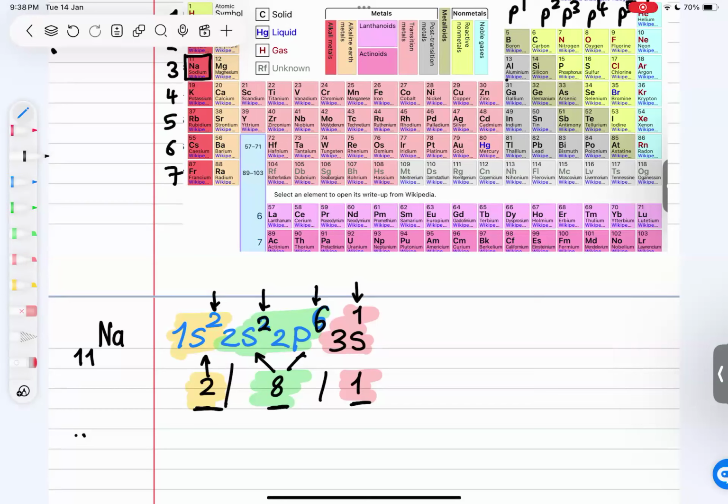And then I'm telling you in this P subshell there are 3 rooms. Each one contains 2, so the total is 6. And then the third floor is 1. So 3s1. So this is only an extra configuration, an extra division.